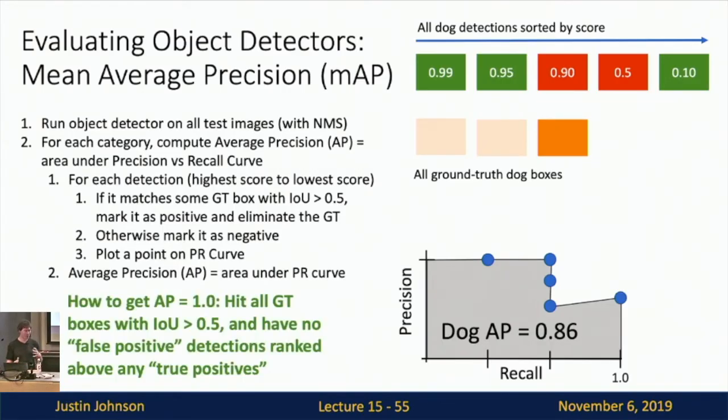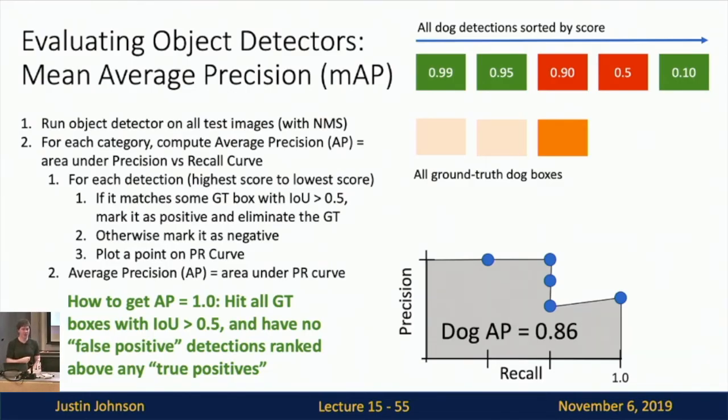Now it's interesting to think about what these AP numbers mean. This is not a very intuitive metric at all. First think about how you could possibly get an AP of 1.0. In order to get AP 1.0, all of our true positives would have had to come before all of our false positives.